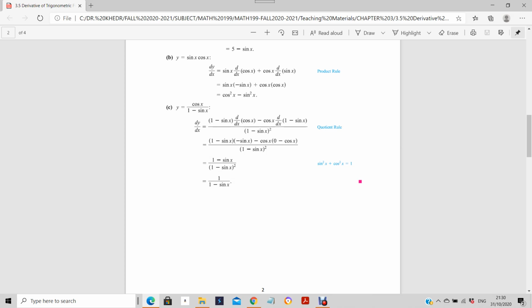Cosine square x means cosine x times cosine x, and sine square x means sine x times sine x. The last example is the quotient rule. Again, we have to use the quotient rule and use the derivative of cosine and the derivative of sine function, and then we will get the final answer as 1 divided by 1 minus sine x.